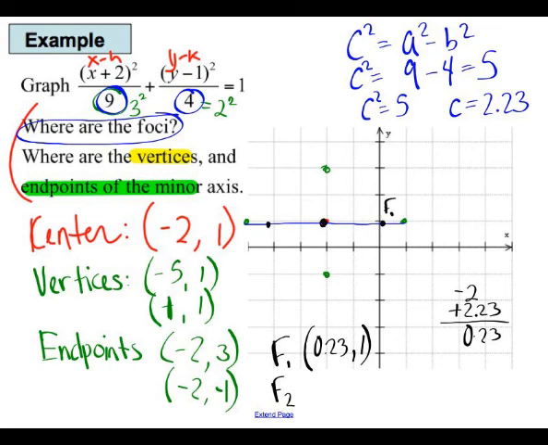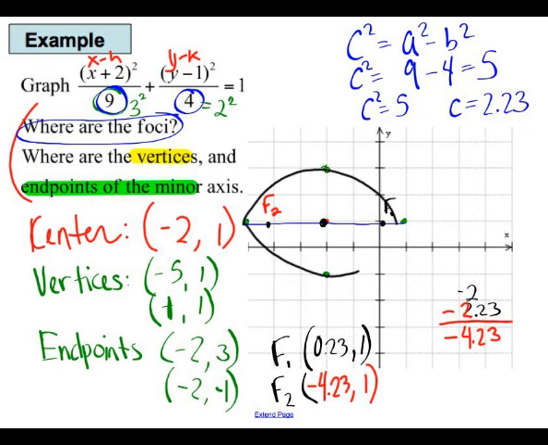The other focus point is at backwards 2.23, so now I'm going to subtract 2.23 from -2, because I'm going into the negatives further, and I'm going to get -4.23. That is the value of the second focus, F2. So I have all my key points graphed and labeled. Now I'm going to just connect my ellipse, and I'm done with this problem.